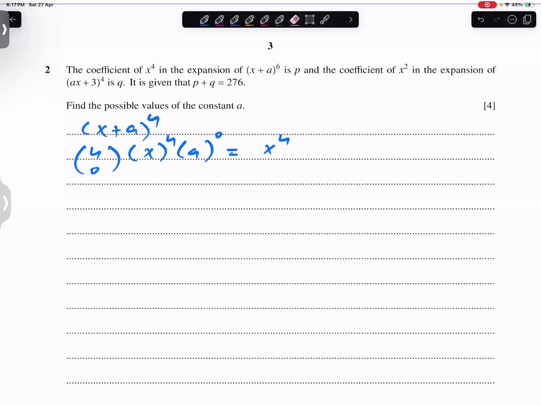So let's open it. 6c0, x raised to power 6, a raised to power 0.